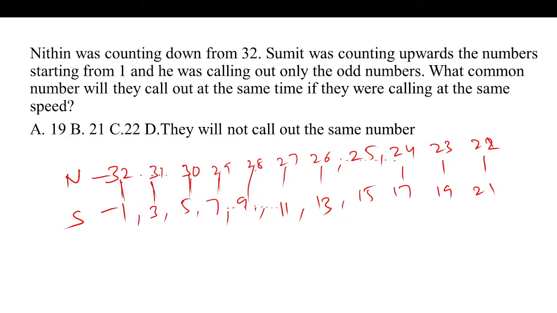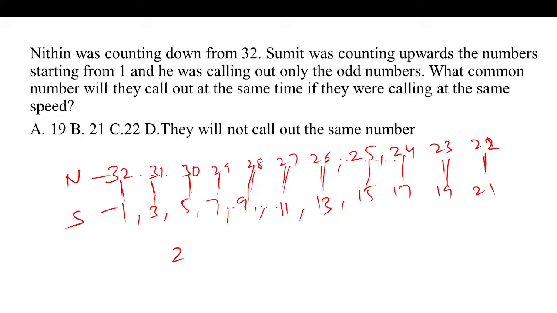Can you try to answer? At the same time, they have to call a common number if their speeds are the same. The answer is they will never say a common number.